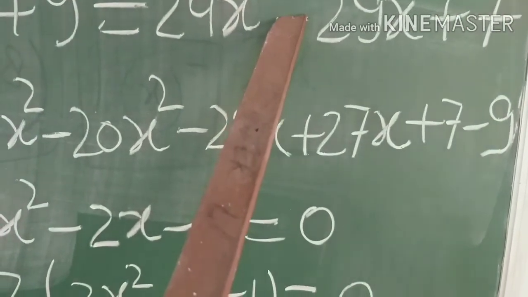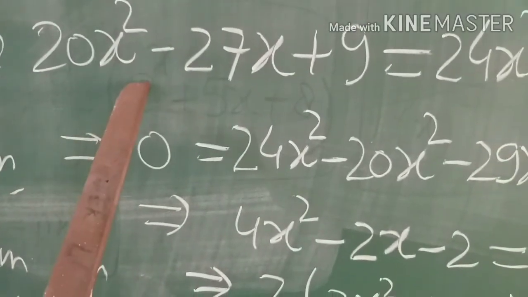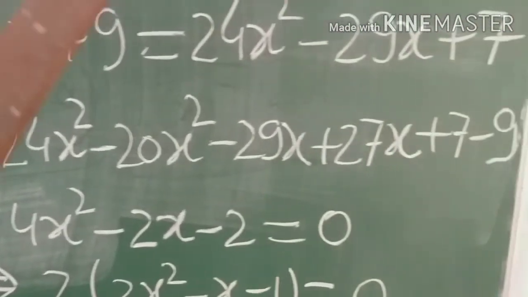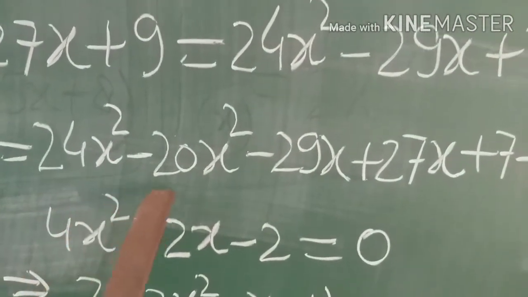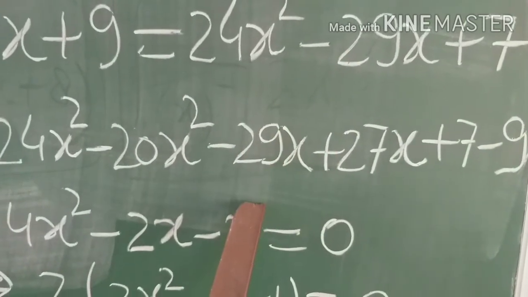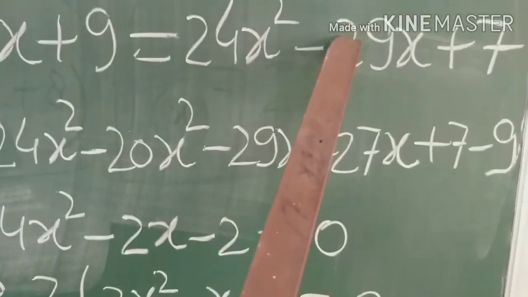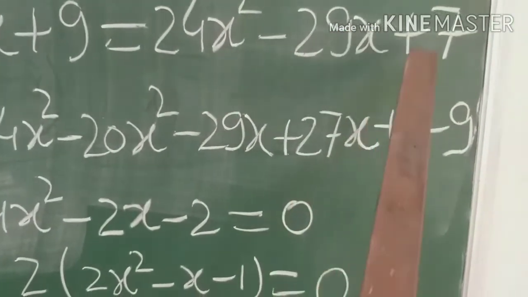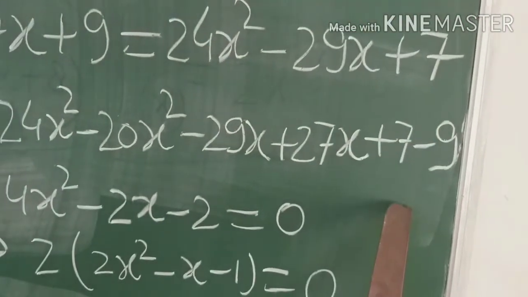20x square will transfer to this side. This side 24x square is positive, so when it will transfer to this side, its sign will be changed. 24x square minus 20x square, minus 29x as it is, and minus 27x transferred to this side becomes positive, plus 7 as it is, plus 9 transferred to this side becomes negative.